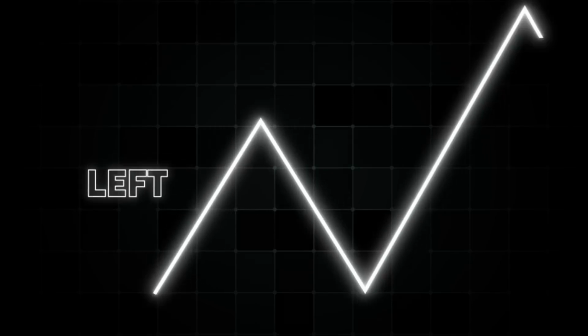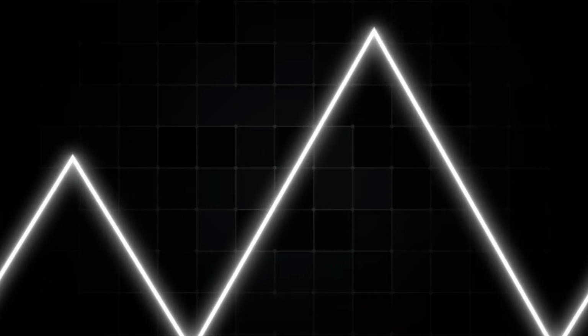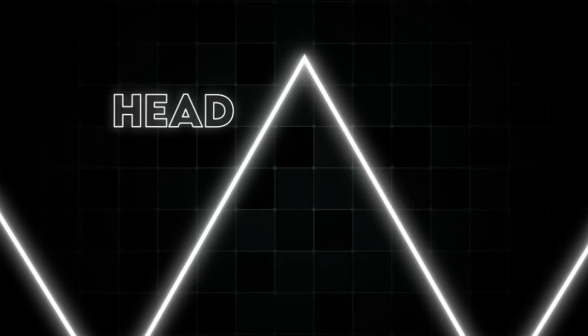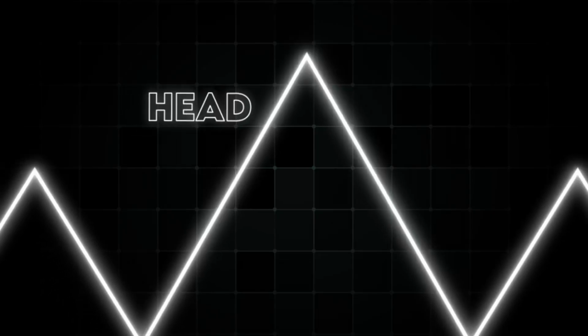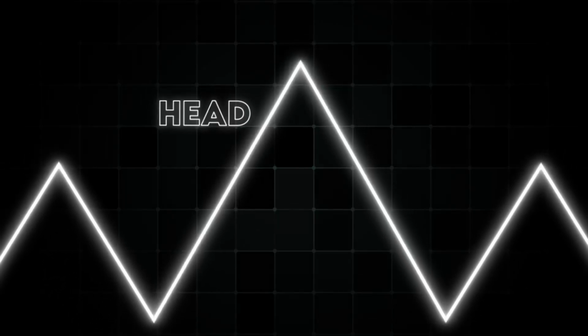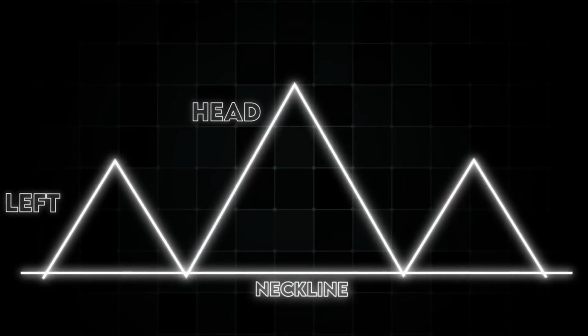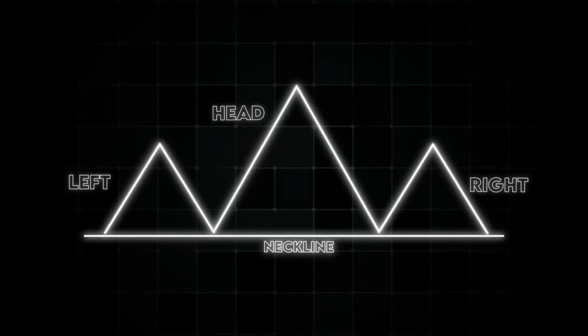The first peak is called the left shoulder, which has the first initial rejection, where it then gets the momentum to create the final peak, which is going to be considered the head. Once the head has completely finished, we create the third and final peak, which simply cannot break above the highest peak, which is the head. And then it breaks that neckline, which is called the final right shoulder. And then you have the neckline of the head and shoulders.